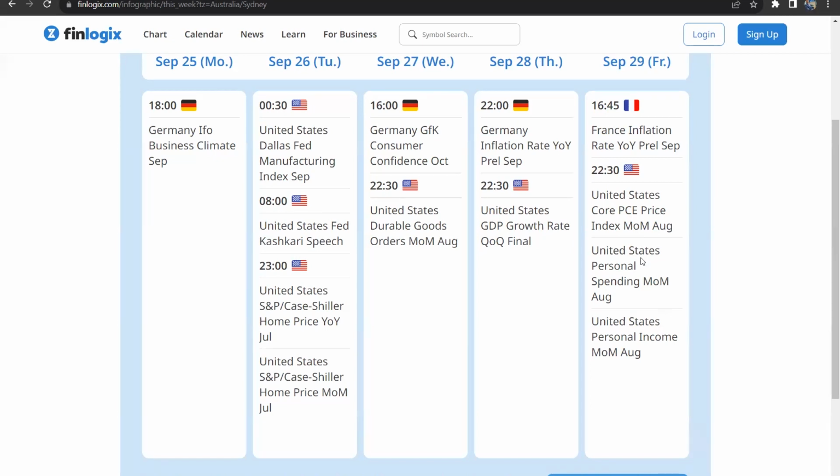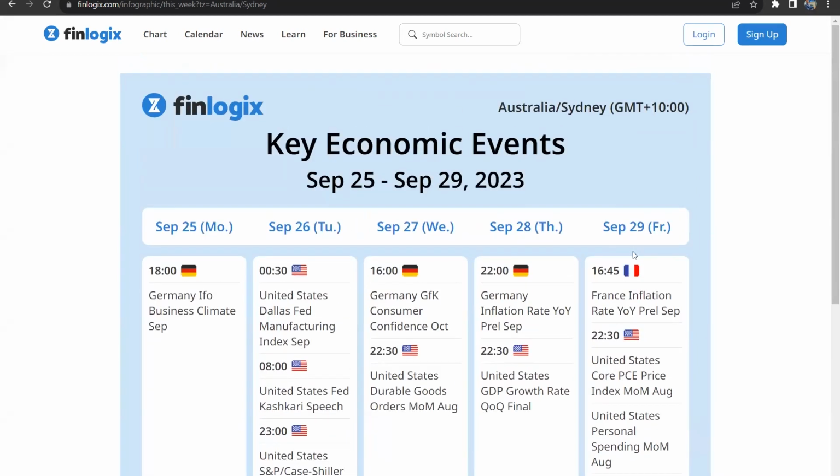Not much important for the market, but it is important news. I'm not saying this is rubbish, it is important, but not important for us. It won't give any huge momentum in the market. That should be fine. So that would be for this week, September 25 to September 29.